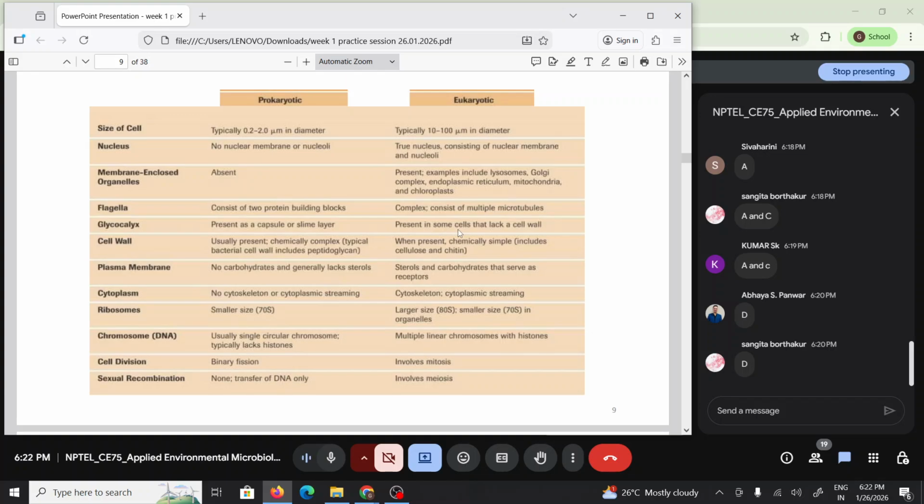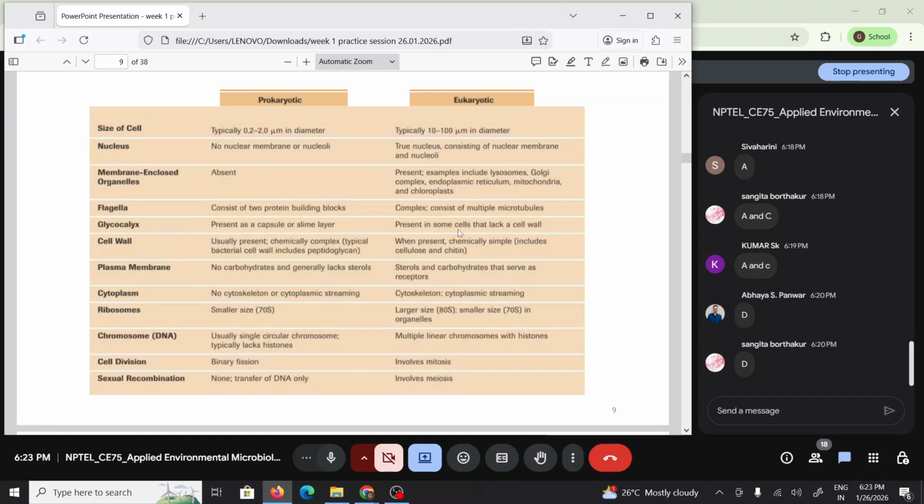And also there is a difference in the flagella between prokaryotes and eukaryotes. So in prokaryotes it's very simple and consists of two protein building blocks, whereas eukaryotic flagella is a complex structure. And again, we have this glycocalyx, which is present as a capsule or a slime layer in prokaryotes, whereas in eukaryotes it's only present in some cells where they lack a cell wall.